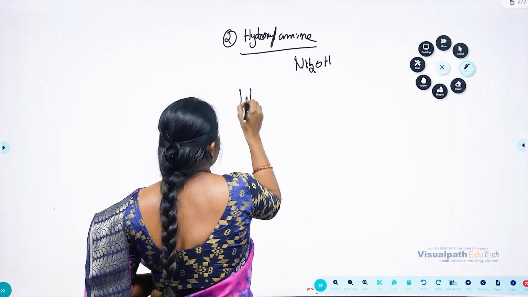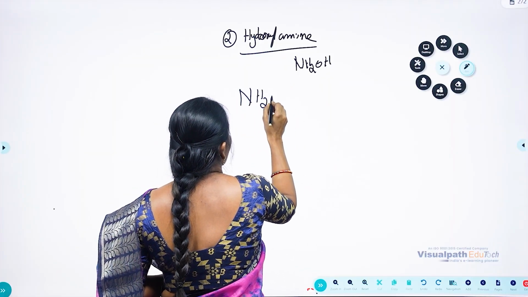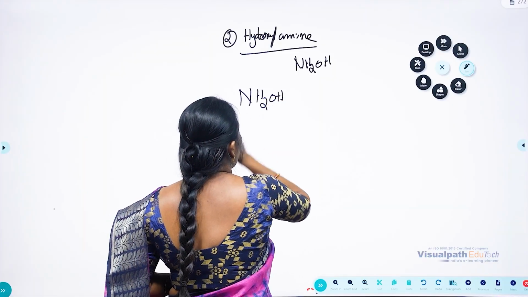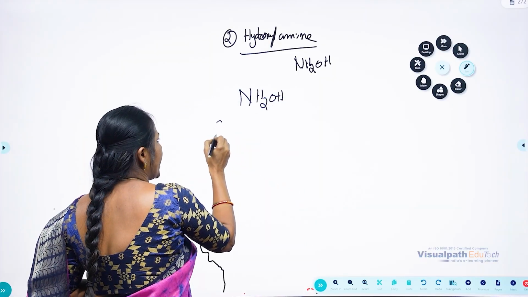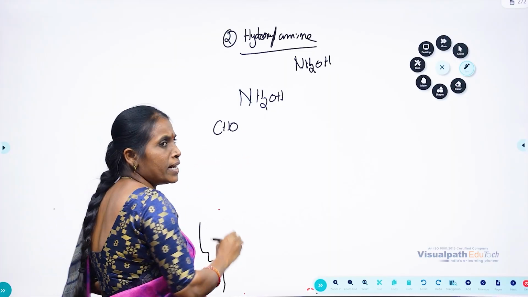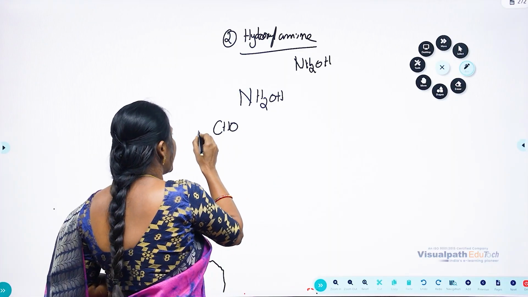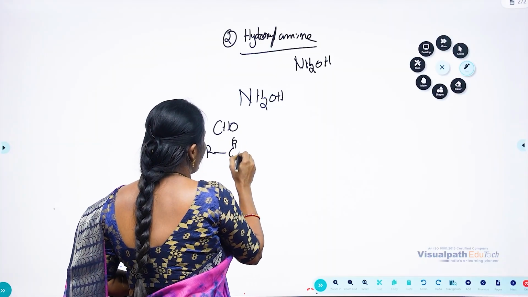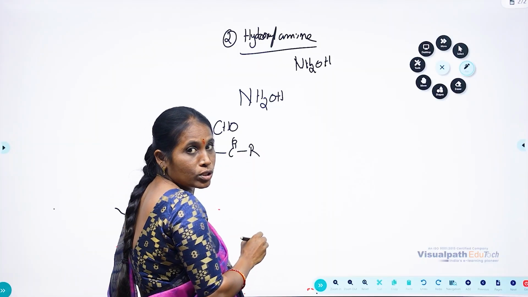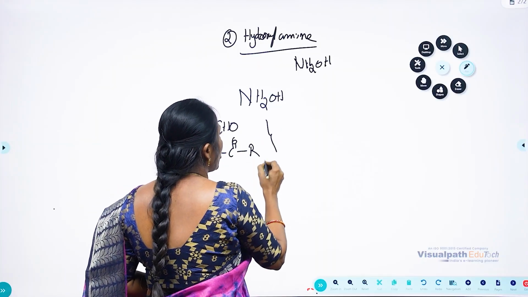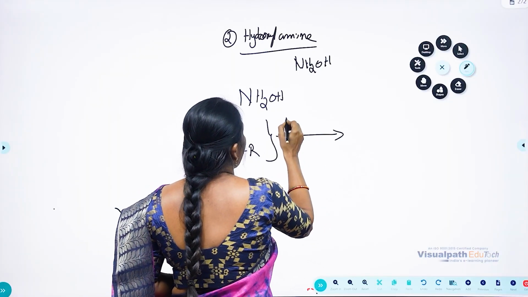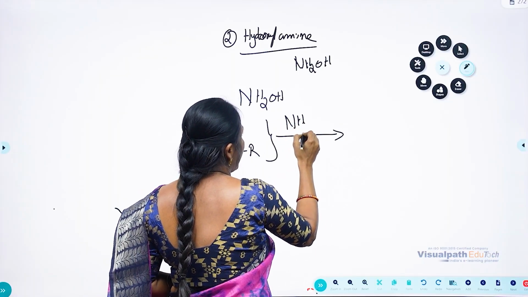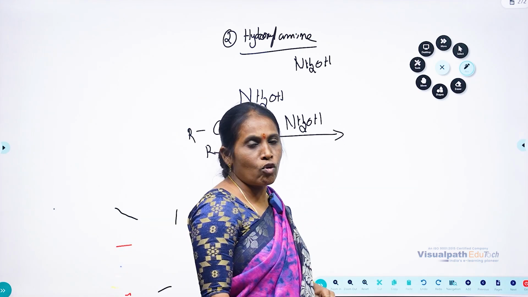Generally, its reactivity is with aldehydes. CHO means these are the aldehydes, and the C double bond O group means these are the ketones. These aldehydes or ketones react with hydroxylamine, that is NH2OH.